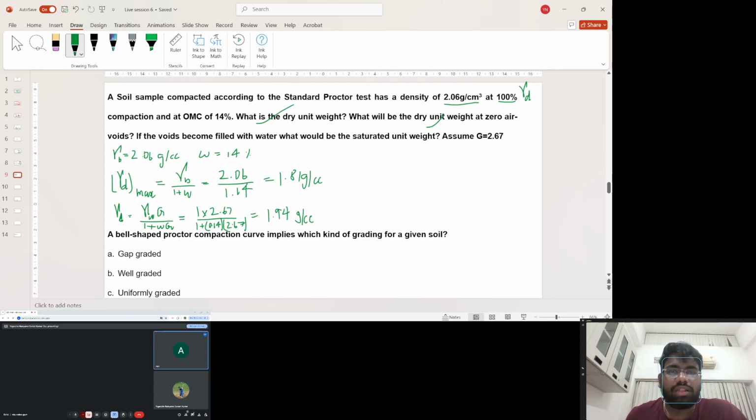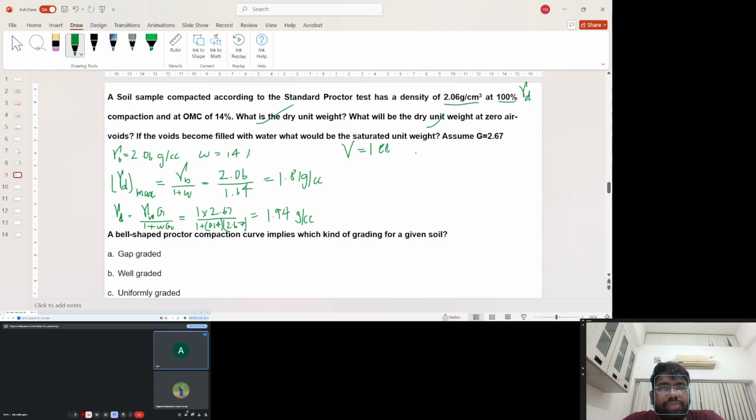That is what is being asked here, right? One of the simple ways to approach this will be to consider the total volume as 1 cc. So in that case, we need to calculate the saturated unit weight.